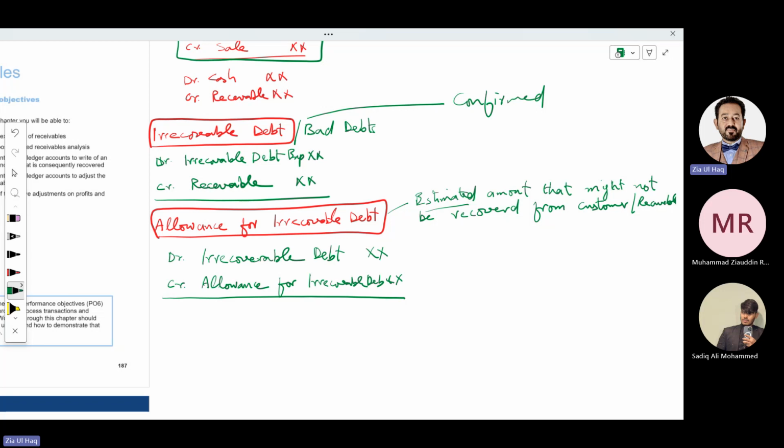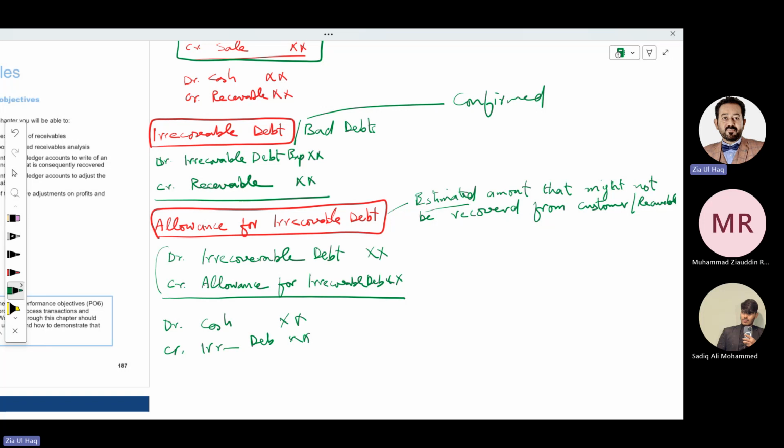Irrecoverable debt expense debit and allowance for irrecoverable debt credit. Obviously, if in future we recover some amount from this, we will record debit cash and credit irrecoverable debt. But there are very rare chances.